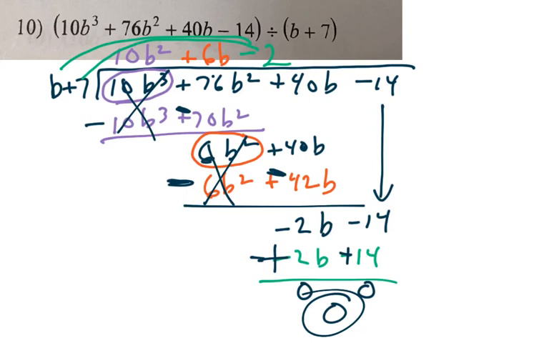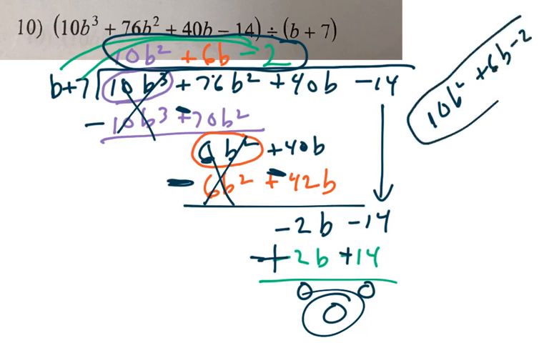What that means is this answer up here is an actual factor of my original expression. So my answer is, first of all, 10b squared plus 6b minus 2. All right? But understand that if I took this times the b plus 7, I would get back the 10b cubed expression.